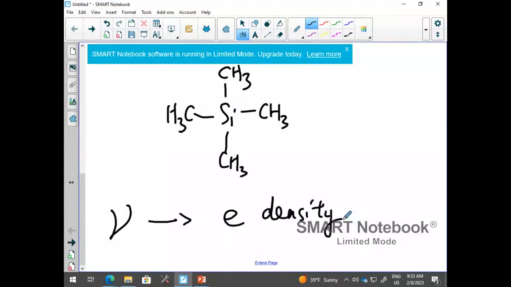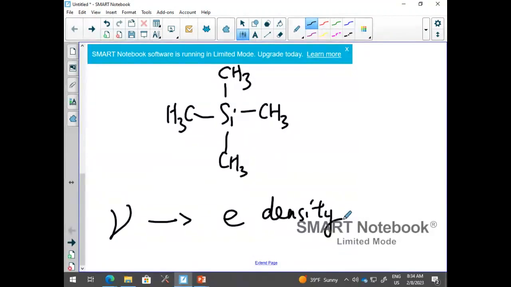So it's convenient for us to have a reference compound, either with a proton with extremely high electron density, or a reference compound with a proton with extremely low electron density.